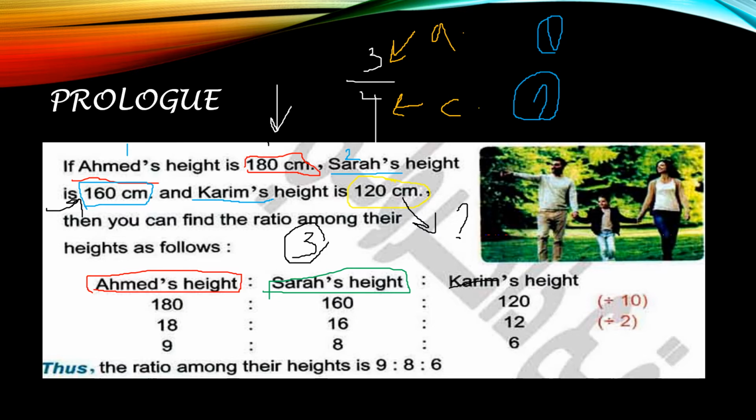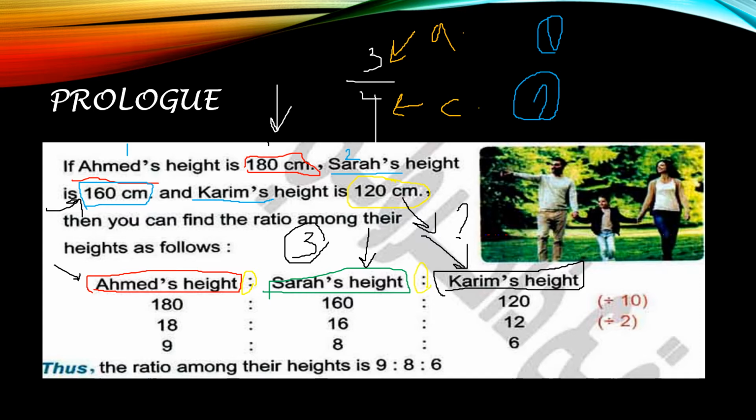So we put the first, which is Ahmed's height, the second, which is Sarah's height, and the third, which is Kareem's height. And don't forget that we have the ratio sign between each 2 of the terms.